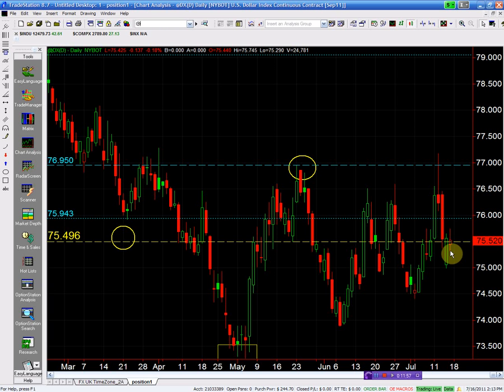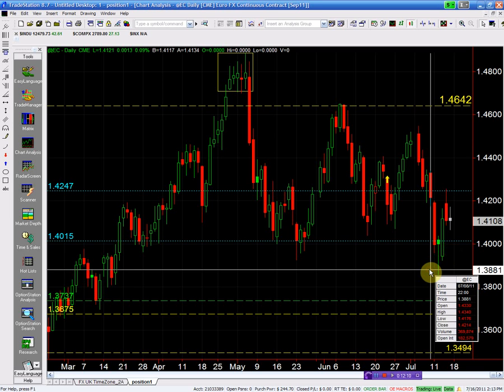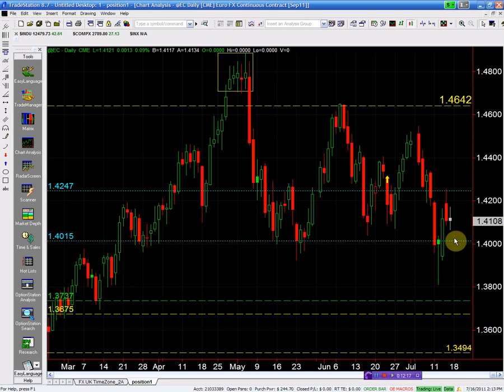If we look at the other major currencies, let's look at the euro, which is the other one in play. Again, this was another brilliant setup from last week. This was Monday. We had our sell.